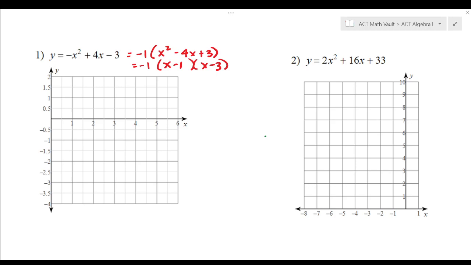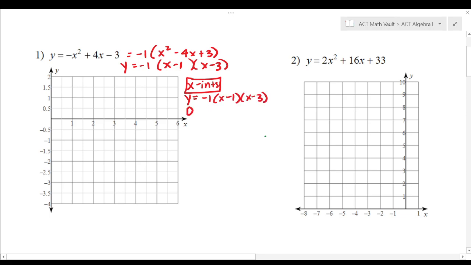Now, if you see the video on factored form, all you would do here to find the x-intercepts is, remember this is like y or f of x, you would just go y equals, I'll label this x-intercepts, y equals -1, x minus 1, x minus 3.